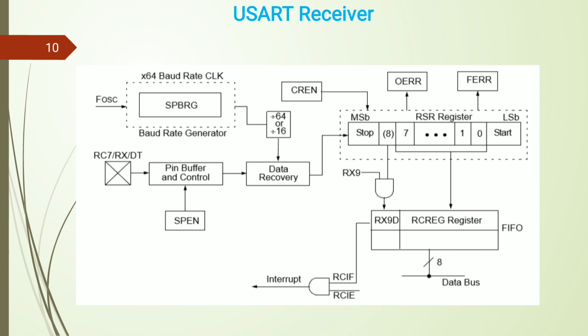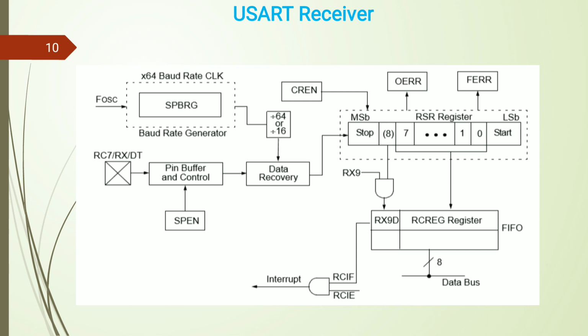But if the received data is 9-bit data, then the 9th bit, that is the MSB of the RSR register, will be moved towards the logic circuit developed for reception of the 9th bit, where one input of the AND gate is RX9, which is already set to 1, and whatever content is received as the MSB, that is the 9th bit, is applied to the second input of the AND gate, and it will be reflected in the RX9D bit.